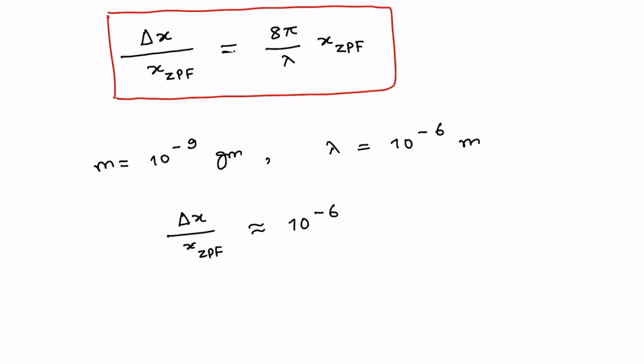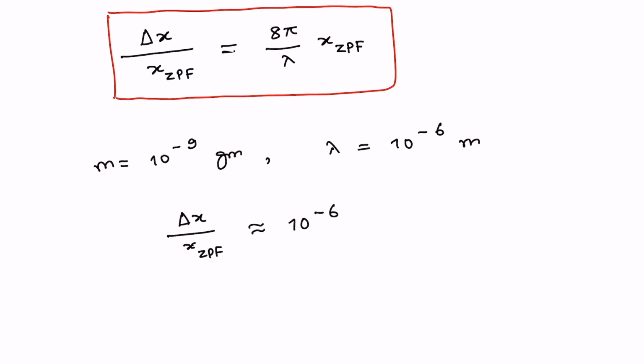Now as you can see from this expression that this displacement of the mirror is utterly negligible, and very insignificant. In fact, to see quantum signature or quantum effect, the displacement has to be at least on the order of displacement due to the zero point fluctuation.